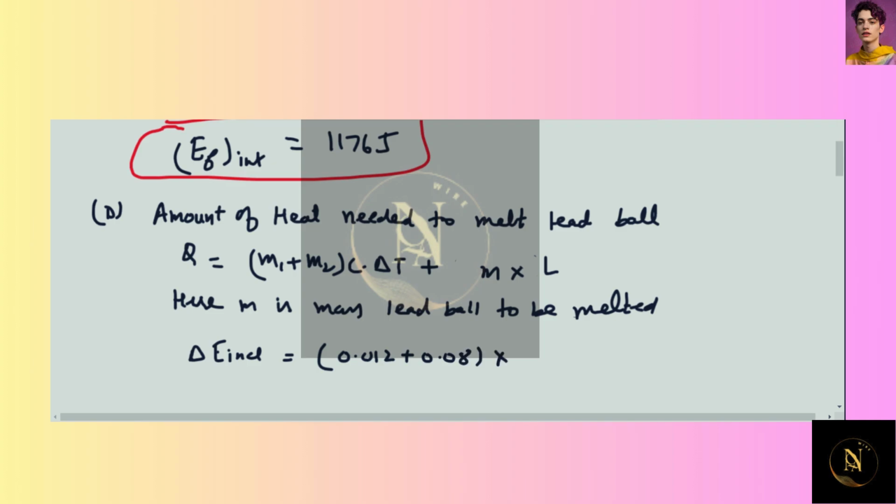Specific heat of lead is 128. Melting temperature is 327. Initial is 30. M into latent heat of fusion is 2.45 into 10 to the power 4.